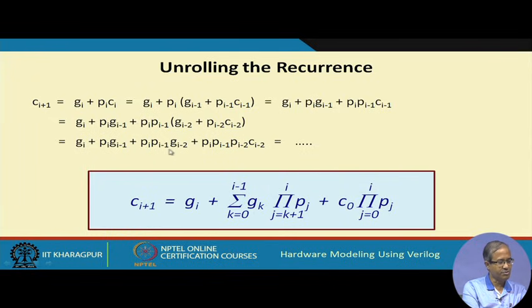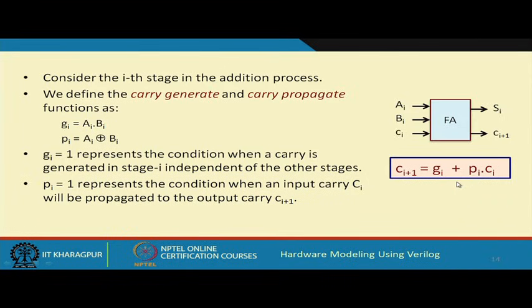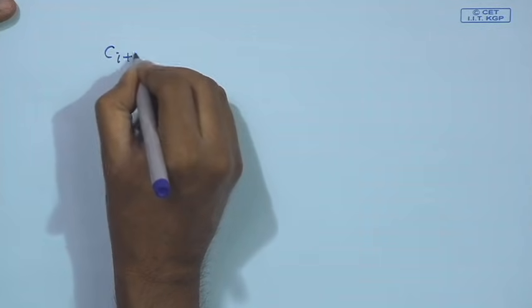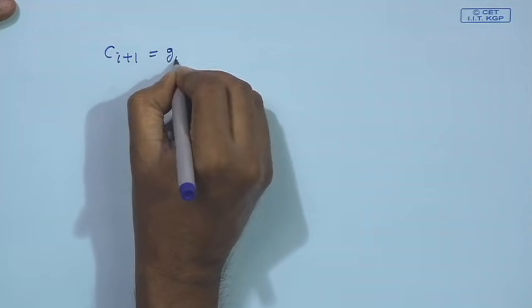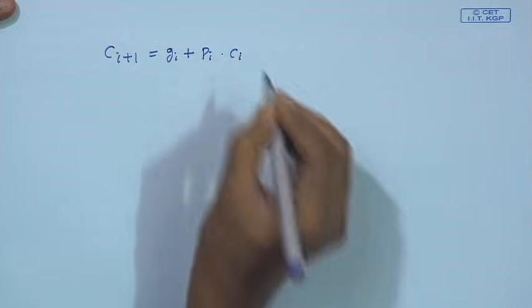Okay. So, I am not showing you the whole thing. Basically what it means, I am just writing down some simple expressions. See, what you got is c i plus 1 equal to g i plus p i c i.